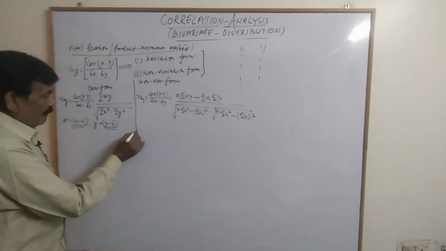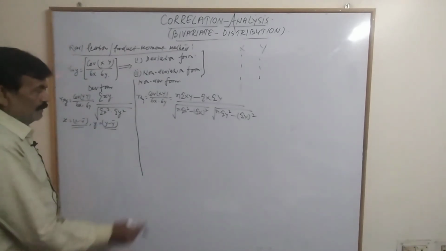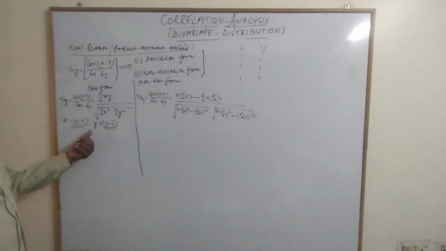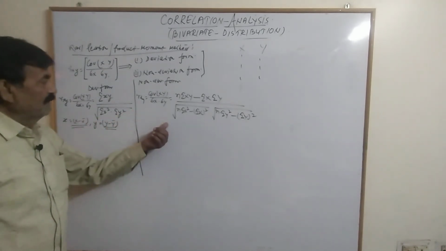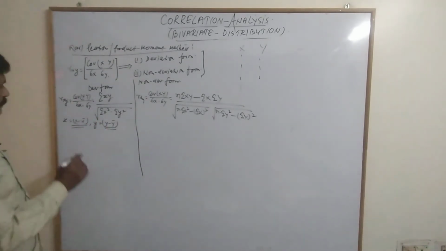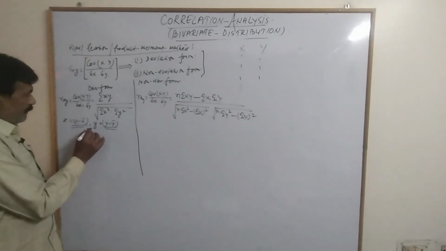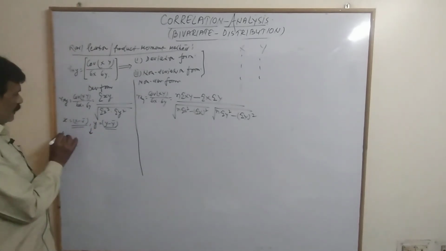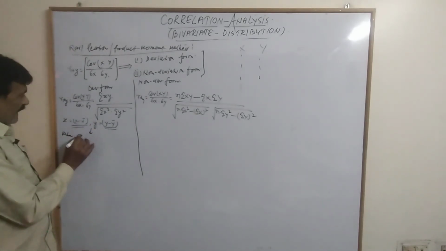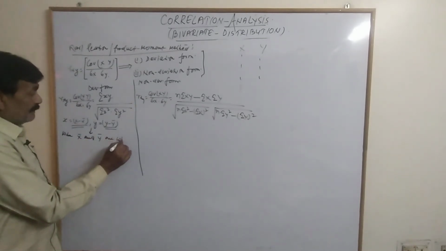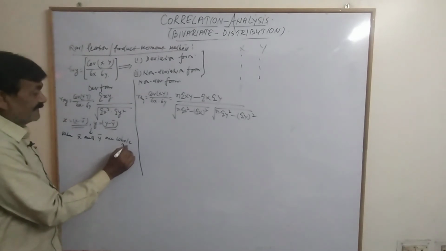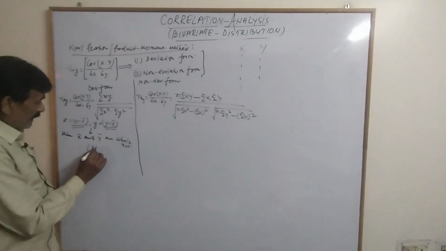Now, this has to be understood: in which case this form of Karl-Pearson would be used and in which case this one will be used. So there is a guideline. This deviation form should be used when x bar and y bar are absolutely whole numbers, that is no decimal.